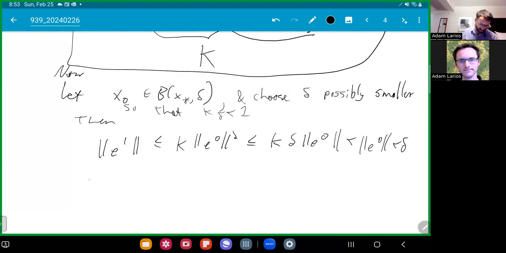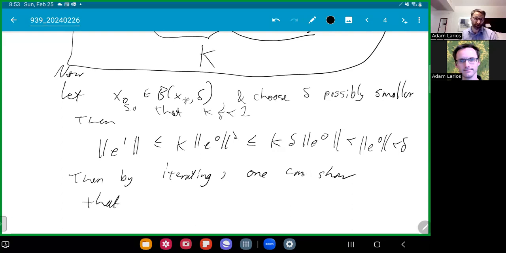And so then by iterating, or induction, if you like, one can show that these guys are in increasingly smaller delta balls, right? So if you think about E2 here, you're going to get less than something within delta squared, and so on. And let's do a little bit more.